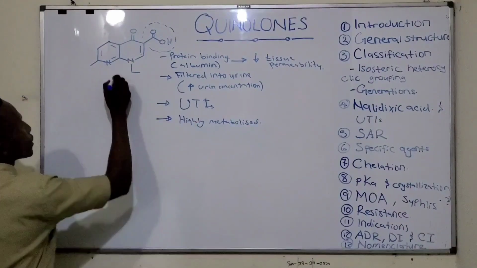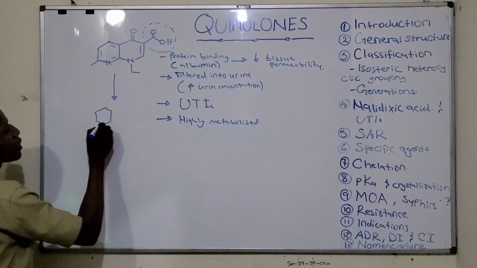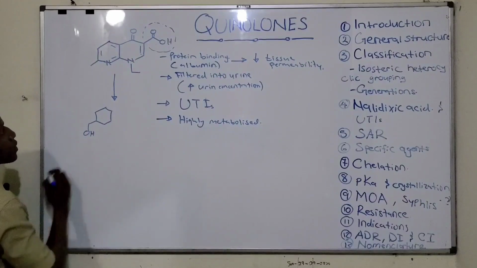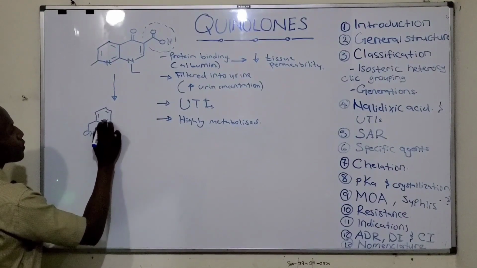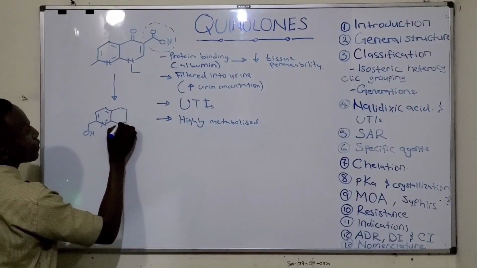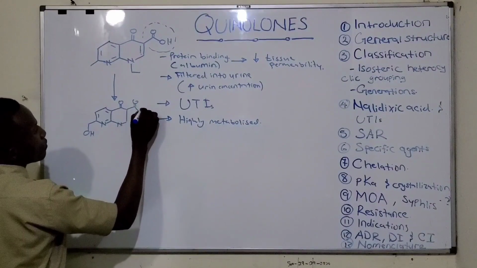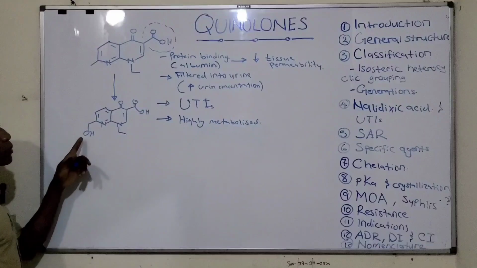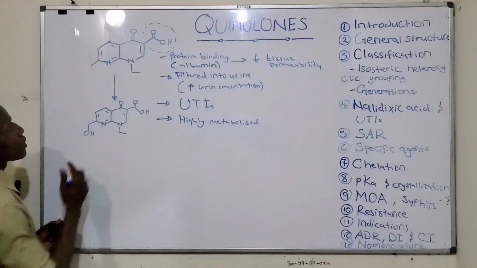But its metabolite, the 7-hydroxymethyl nalidixic acid, at position 7 they added a hydroxyl group.